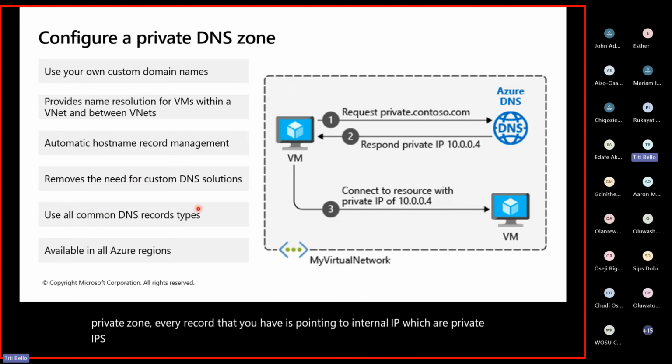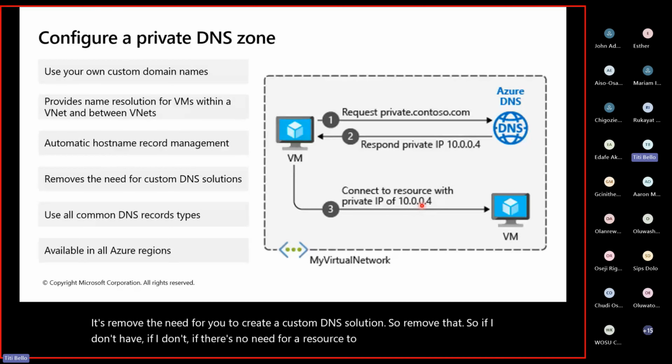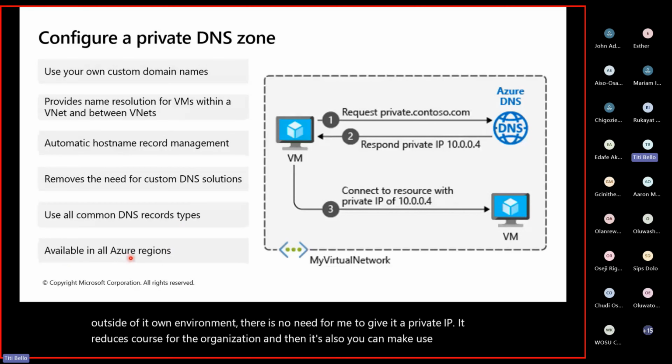So it removes the need for you to create a custom DNS solution. If there's no need for a resource to talk to anybody outside of its own environment, there is no need for me to give it a public IP. It reduces cost for the organization, and you can make use of it in every region.